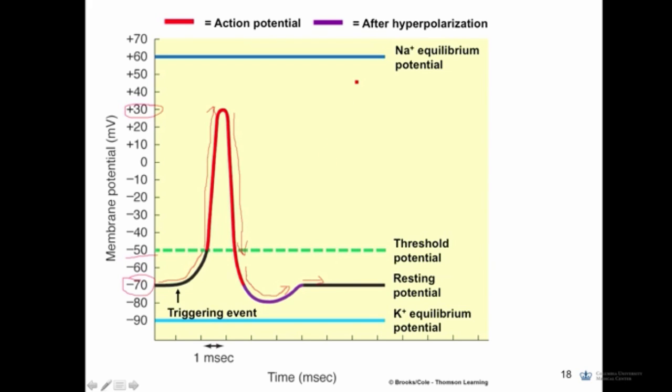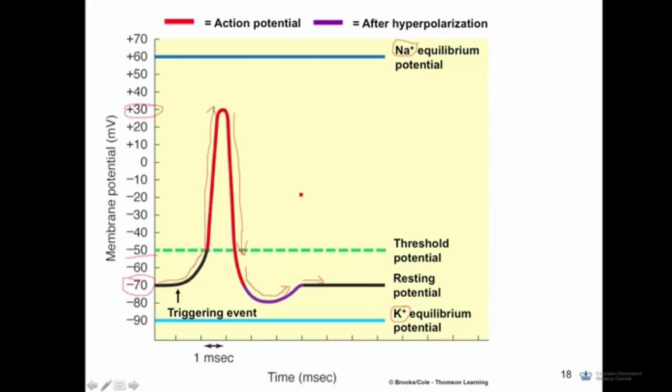Now notice two things. Up here we have this blue line representing the sodium equilibrium potential, and down here the light blue line is the potassium equilibrium potential.